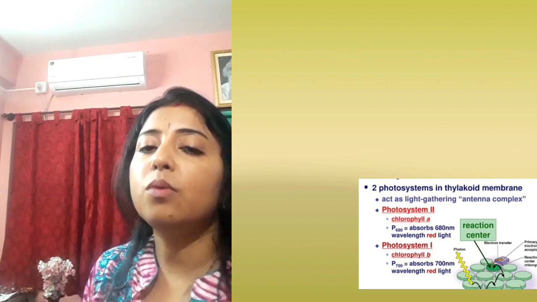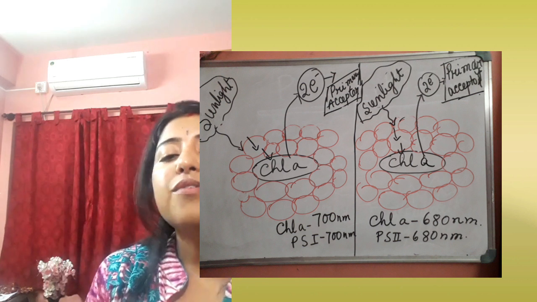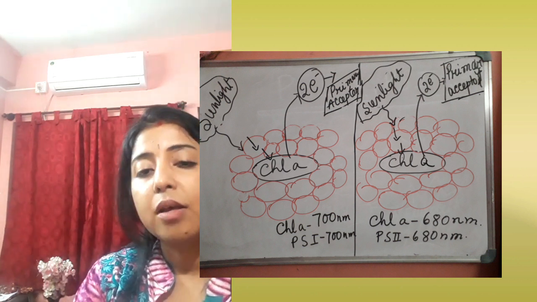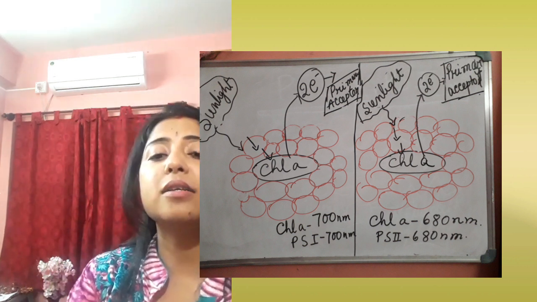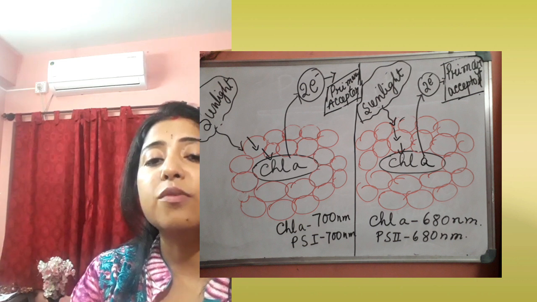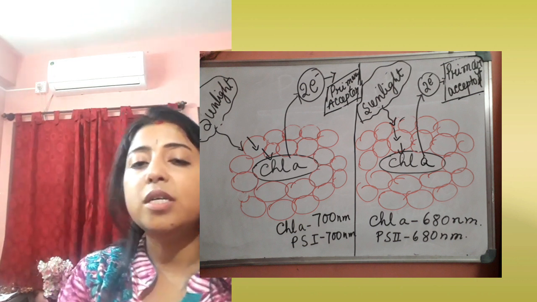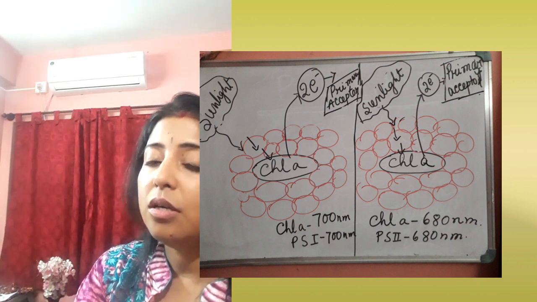In the case of photosystem 1 and photosystem 2, they are also the same thing. The reaction center will be formed by chlorophyll A. But in PS1, chlorophyll A will be activated by the wavelength of sunlight that is 700 nm. But in PS2, it will be activated by the wavelength that is 680 nm.